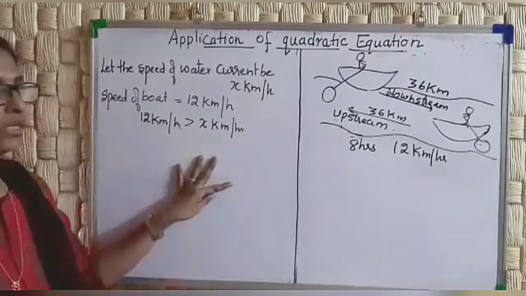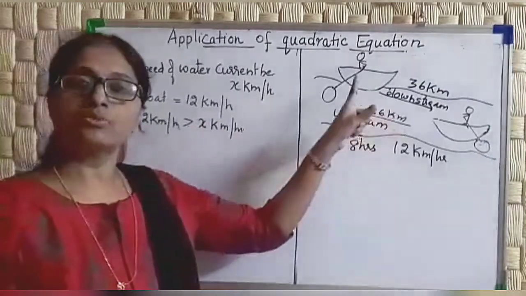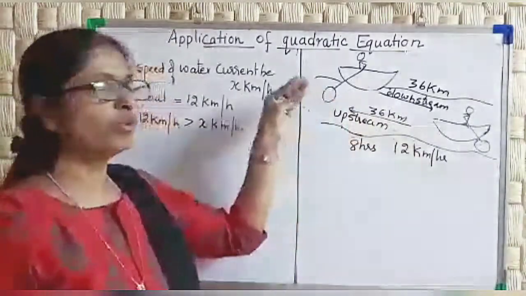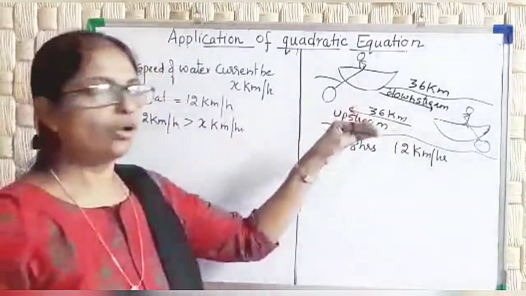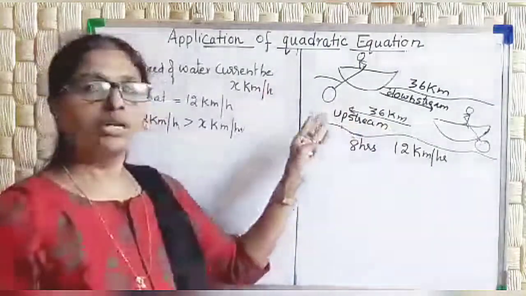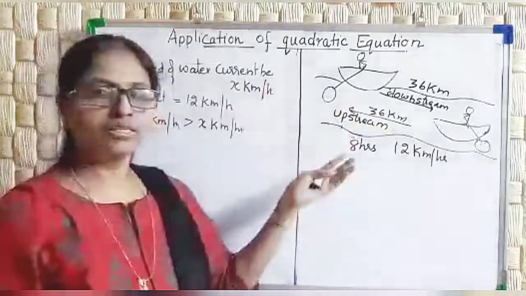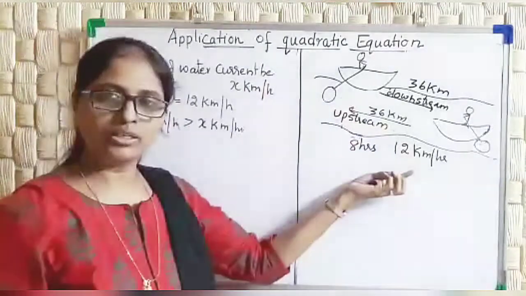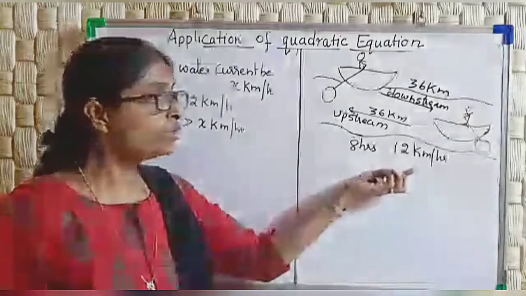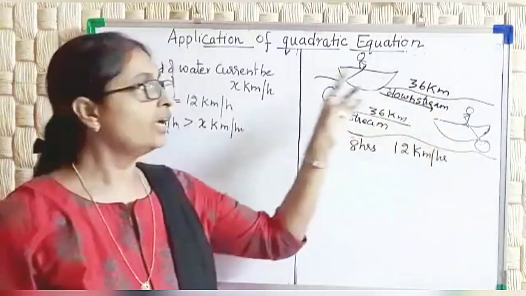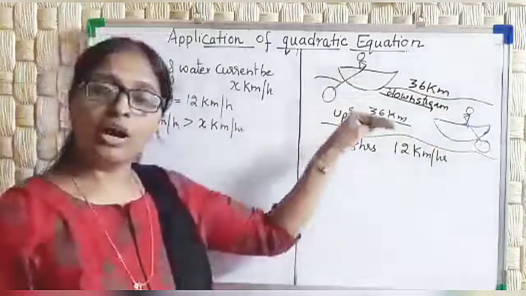Now, here first we will find out what is the speed of the boat downstreams. When the boat is moving in the direction of the water current, the speed of the boat will increase. That is, whatever speed of the boat is given, that is 12 km per hour, to that the speed of the water current will also get added when the boat is moving downstreams.